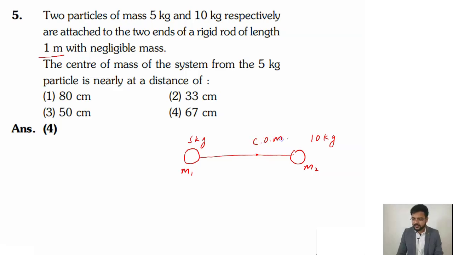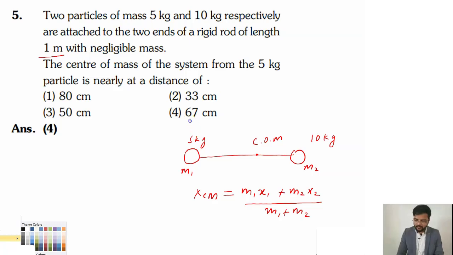So this is the center of mass. Okay, so if I use this formula, XCM equals m1 x1 plus m2 x2 by m1 plus m2. Correct.